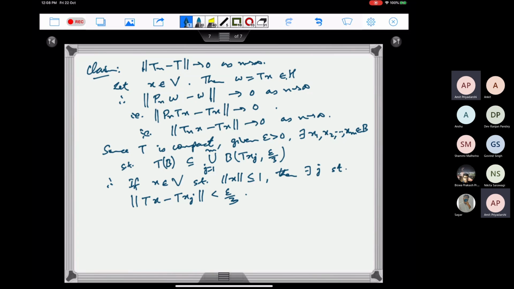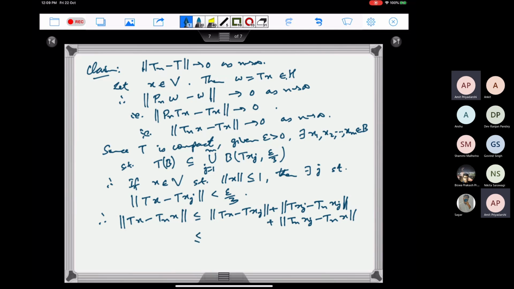Now if we look at T of x minus Tn of x, this we write as less than or equal to Tx minus T of xj plus Txj minus Tn of xj plus Tn of xj minus Tn of x.